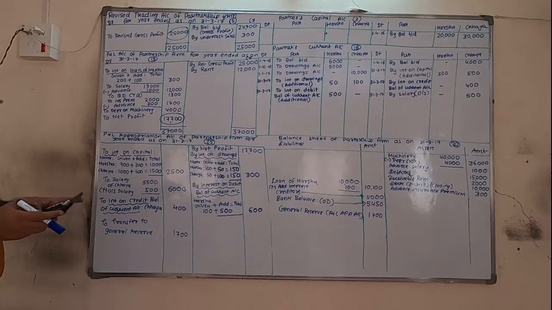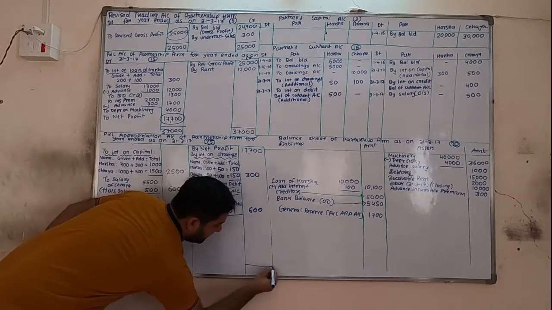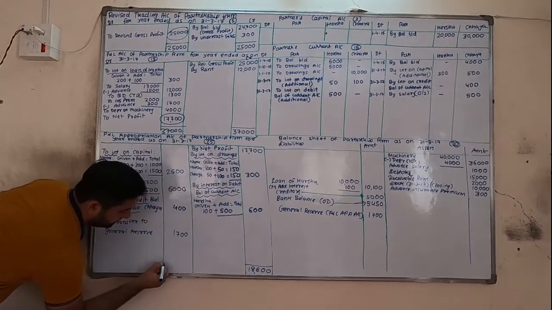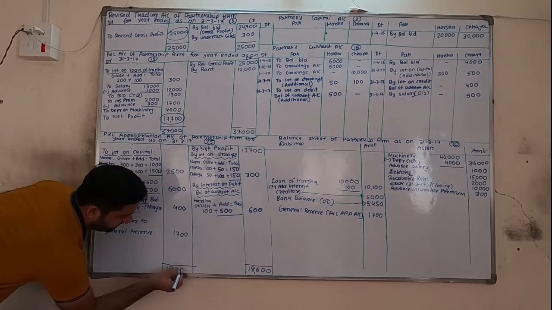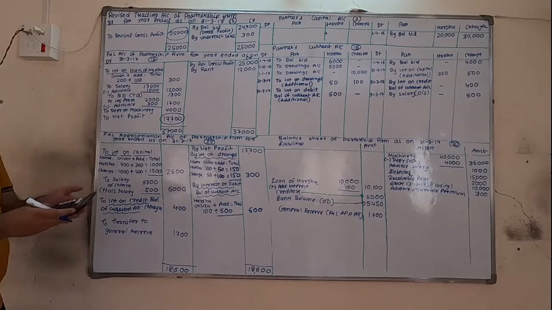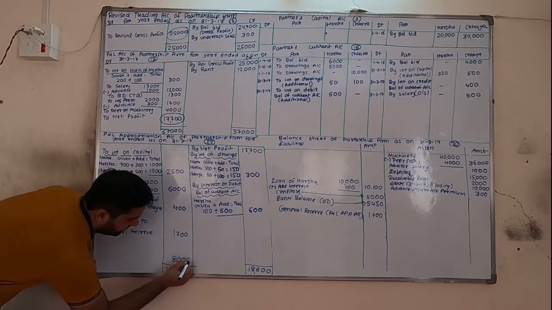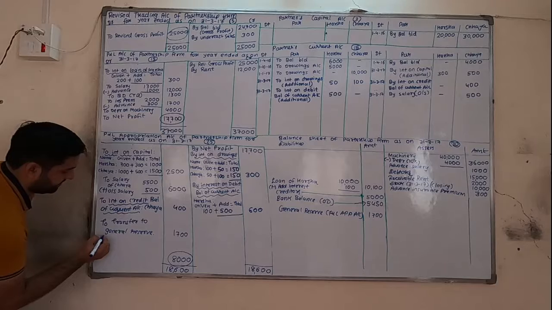Again 17,700 plus 300 plus 600 is 18,600. 18,600 minus 2,500, 6,400, 1,700. It is 8,000. Now what is this?